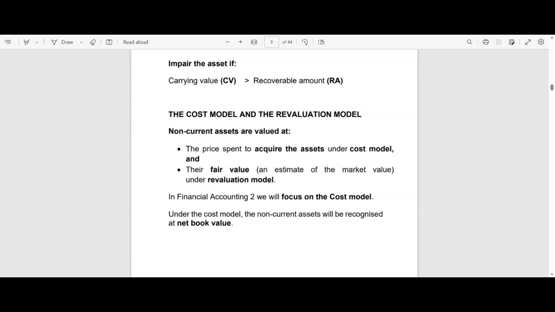You know that one of the components of other comprehensive income, in other words, right at the bottom of our statement of comprehensive income, one of those that are not allowed to be reclassified to profit or loss, is indeed an increase in the revaluation surplus or an increase in the revaluation reserve of an asset that is being valued on the revaluation model. But for all other purposes, we will be using the cost model.